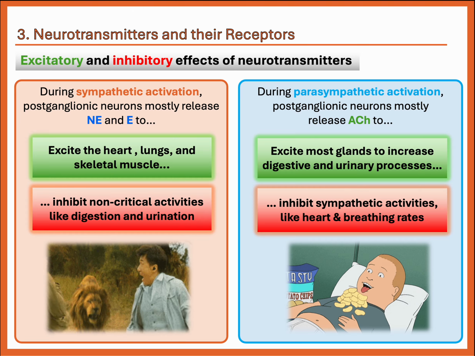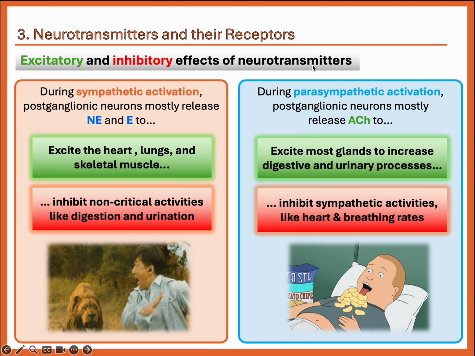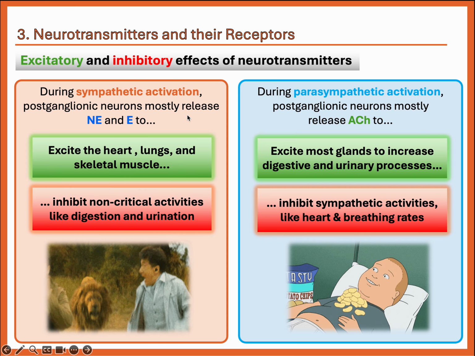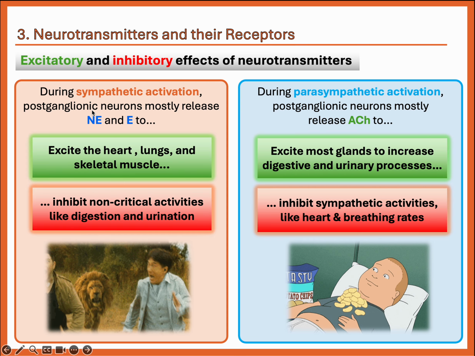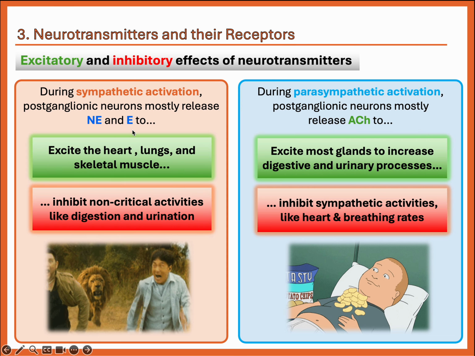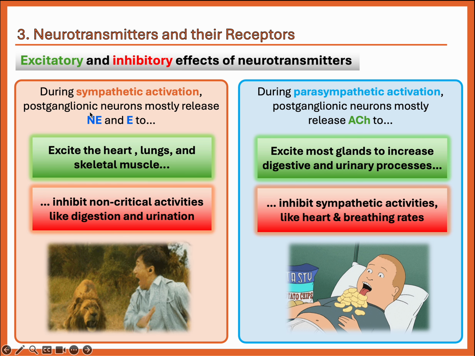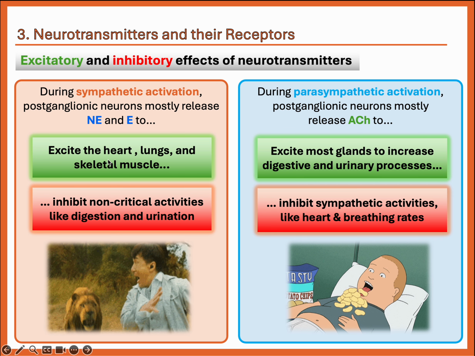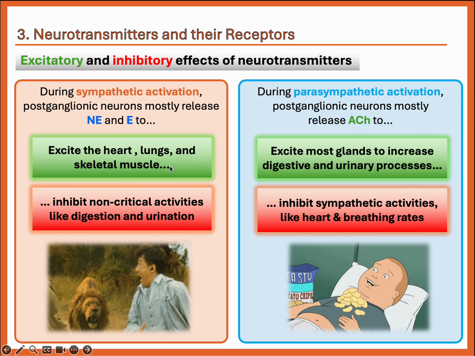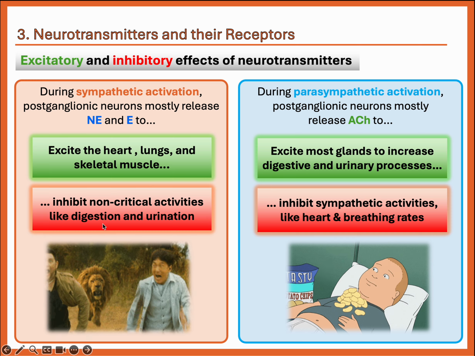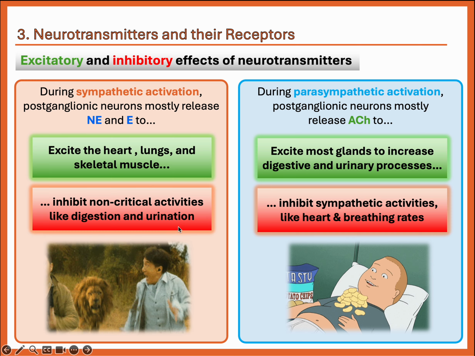So basically all this to say, excitatory and inhibitory effects of neurotransmitters: during a sympathetic activation, postganglionic neurons mostly release norepinephrine and epinephrine. And these adrenergic neurons, they excite the heart, they excite the lungs and the skeletal muscle, but they inhibit non-critical activities like digestion and urination.